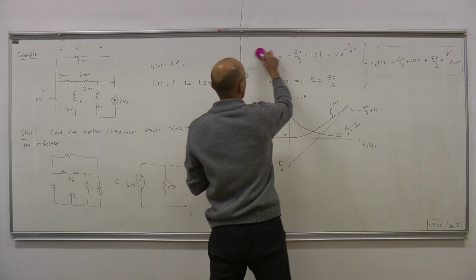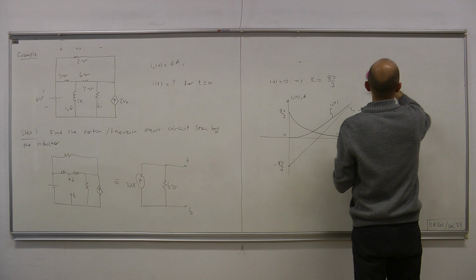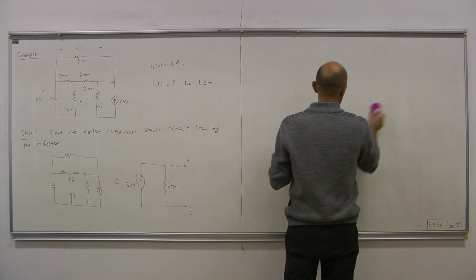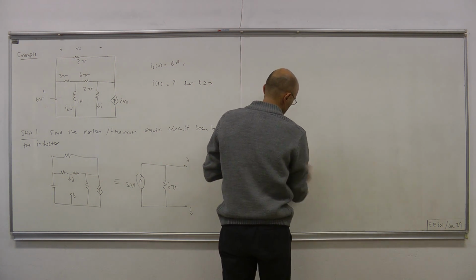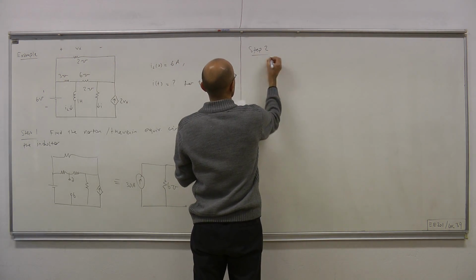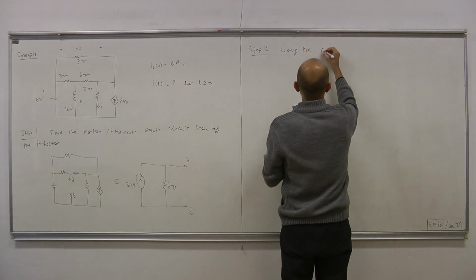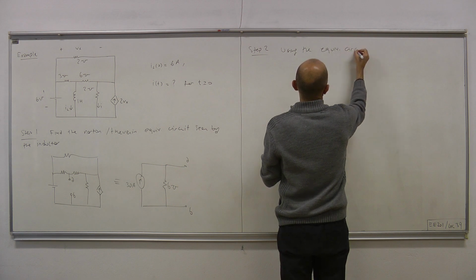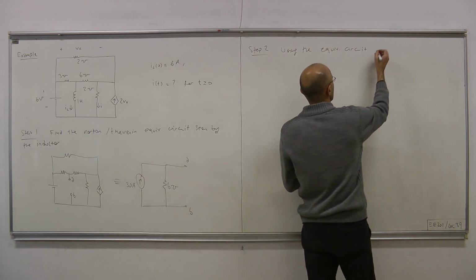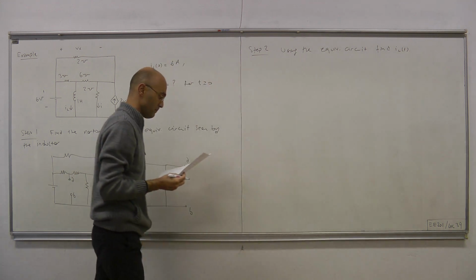So let's do that in step 2. Step 2, using the equivalent circuit, we're going to find the inductor current IL(t).